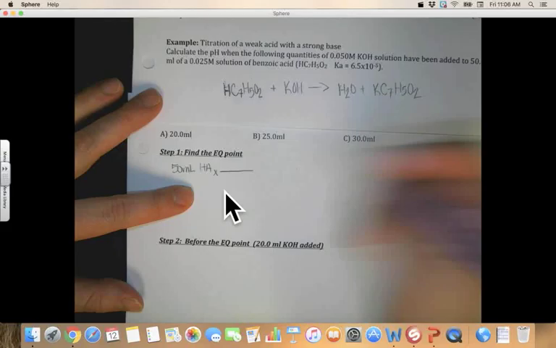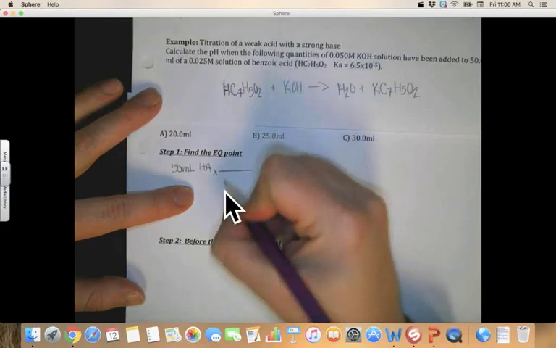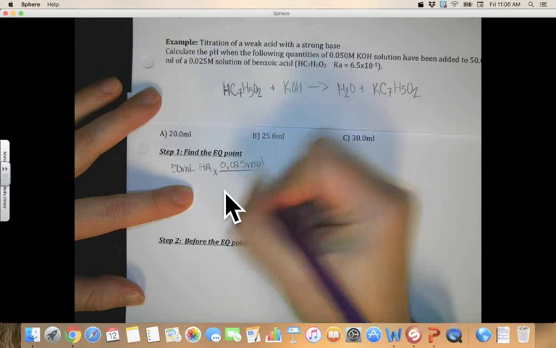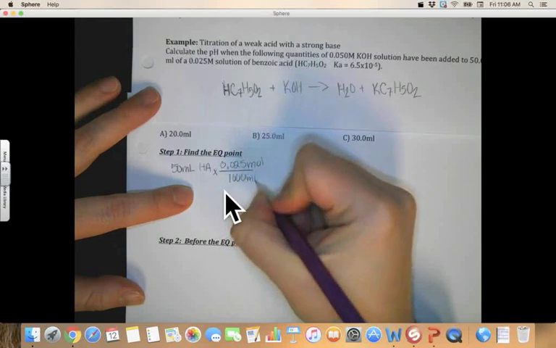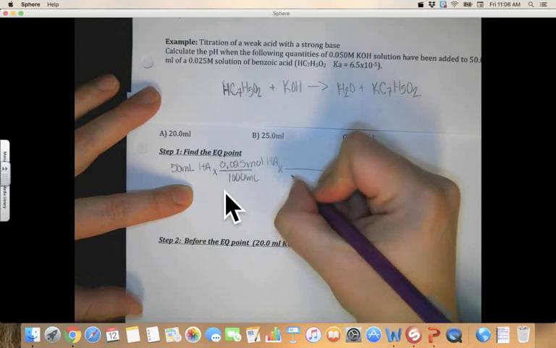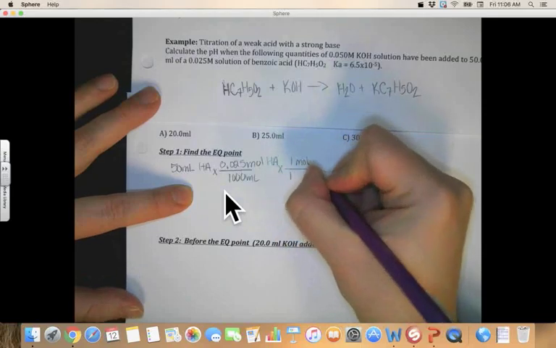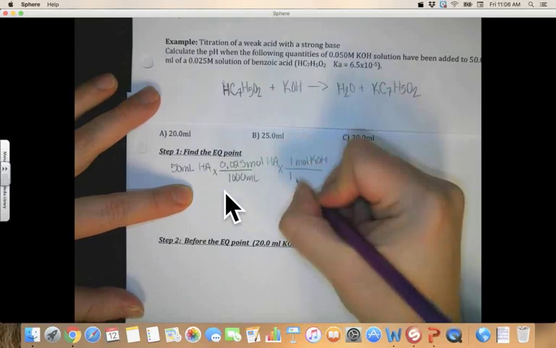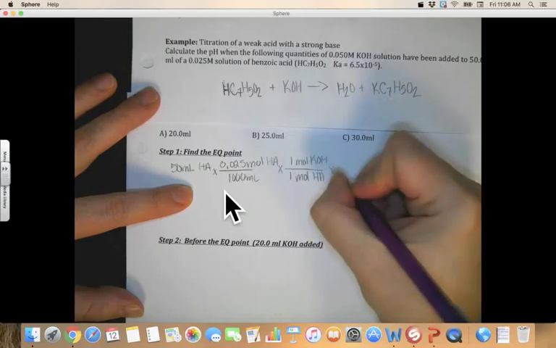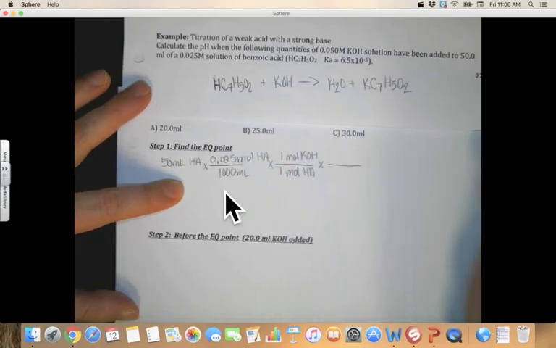equivalence point. Okay, so I have 0.025 moles for every 1,000 milliliters. Okay, and it's a 1-to-1 mole ratio. And then my base is 0.05 molar.